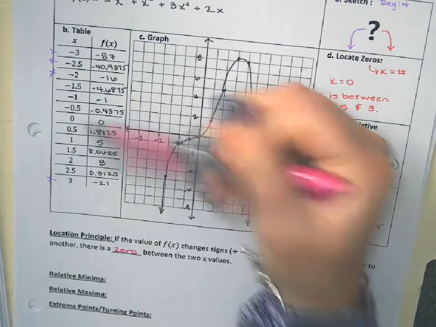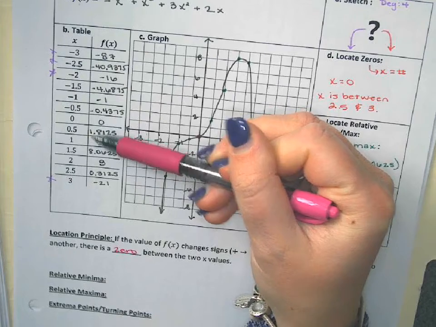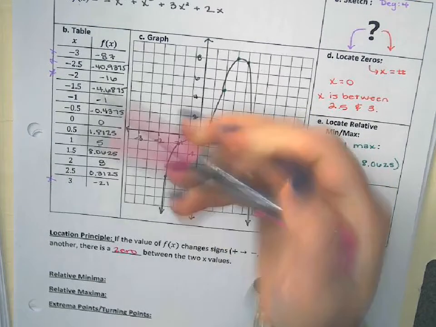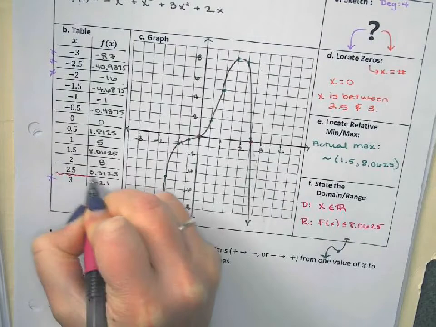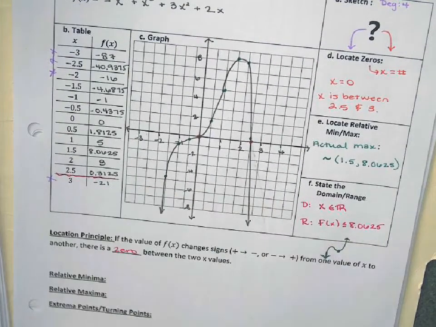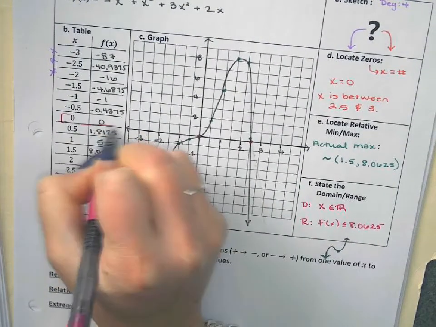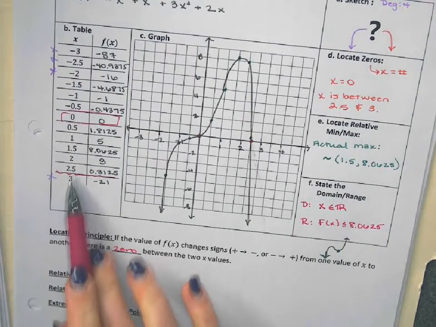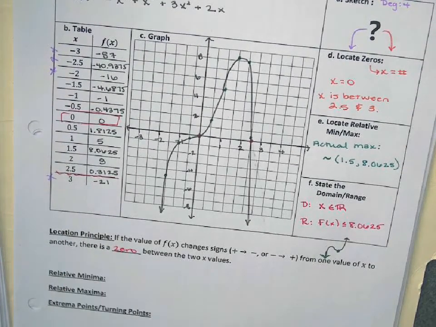So x equals 0. Here you were at positives, then you went to a negative. So the 0 was in between, x is between 2.5 and 3. And then this was your other one. So x is equal to 0, or x is between 2.5 and 3. So that's what the location principle is stating, how you can see a 0 based on the table, which we practiced back in Unit 5. So that shouldn't look too new to you. That should be a reminder.